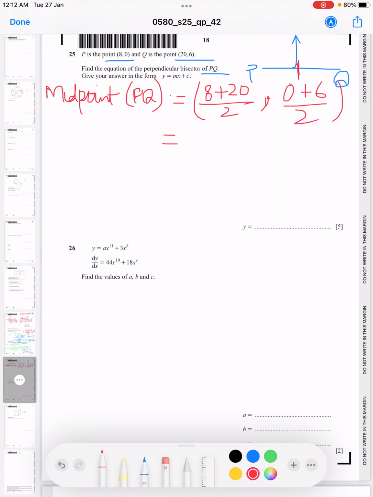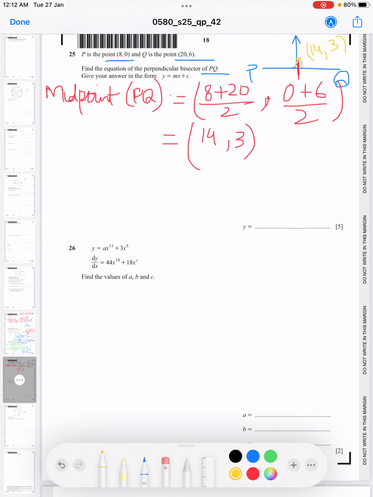So it comes out, if you solve it, 28 divided by 2 will give you 14, and 6 by 2 will give you 3. So the middle point is basically (14, 3), right? I think I should change the color so it will be visible. This point is (14, 3).